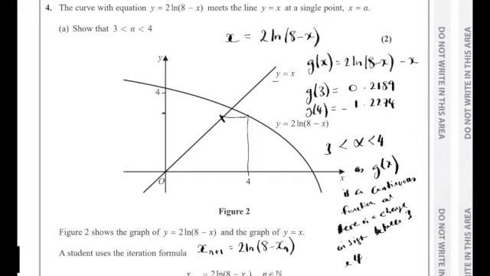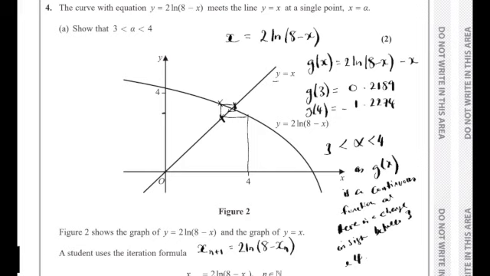That's x2. If I now put x2 into the graph function, it's going to give me this value here. That's my new y value, but if I make it hit the line y equals x, I'm going to get my x3 value, which I put into the graph. It's going to hit the graph, and so on and so forth.